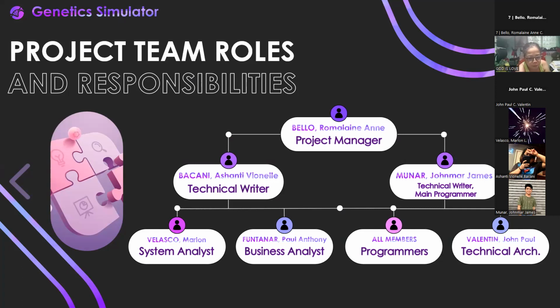Along with Mr. Munar Janmar bilang technical writer and main programmer namin. Mr. Velasco Marlon as our system analyst. Mr. Fontanar Paul Anthony bilang business analyst. All of us are our programmers. And Mr. Valentin John Paul bilang aming technical architect.